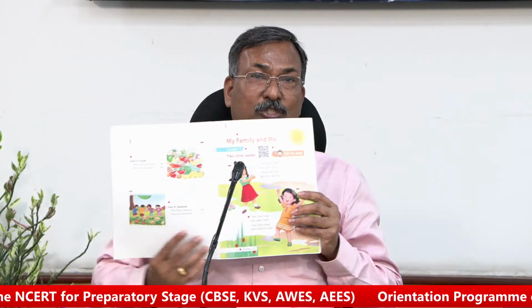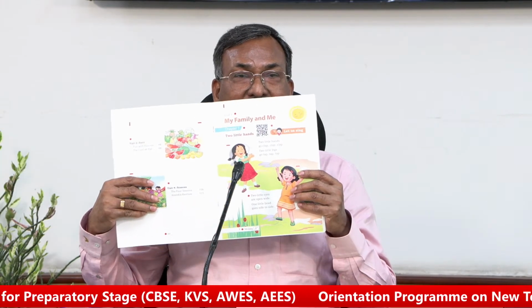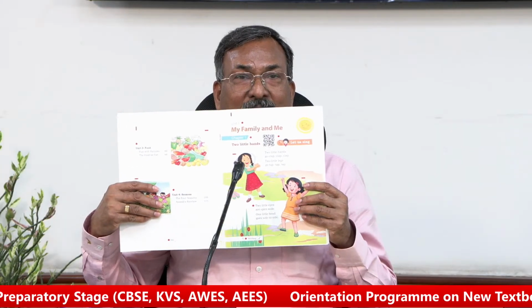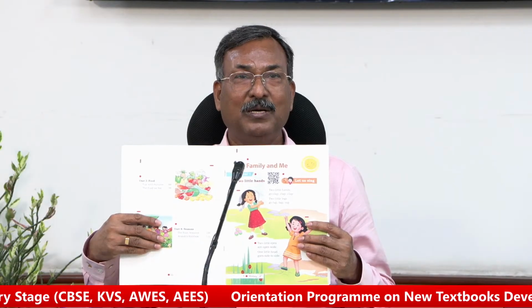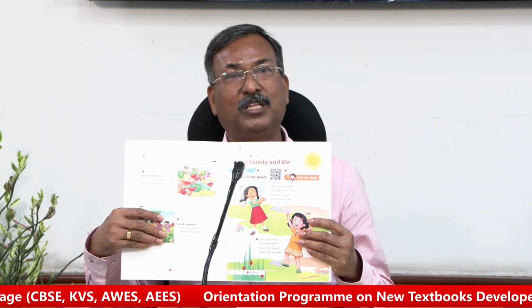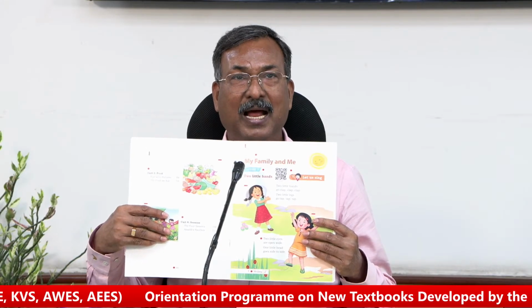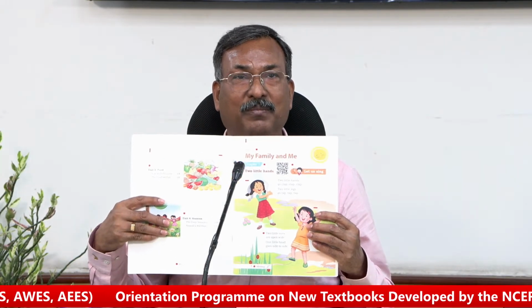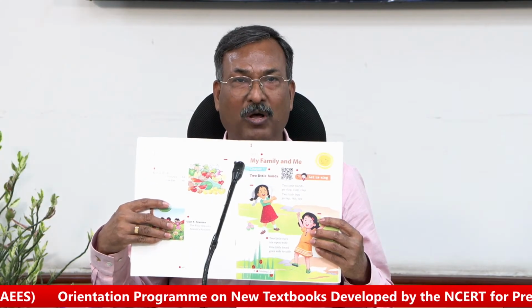If you see this particular book, I think it is visible to all of you. There is a QR code in the chapter, and for all NCERT books we have a QR code for the whole book, and also we have QR codes on each chapter, and each chapter is provided with many resources: audios, videos, interactives, and so on.